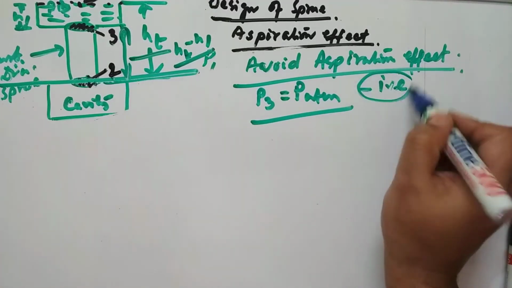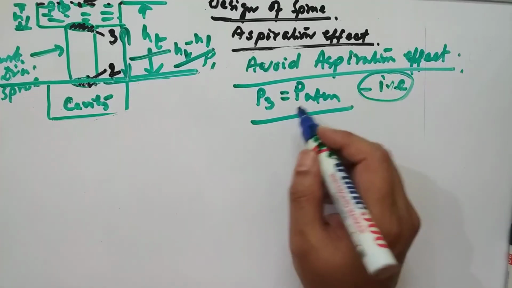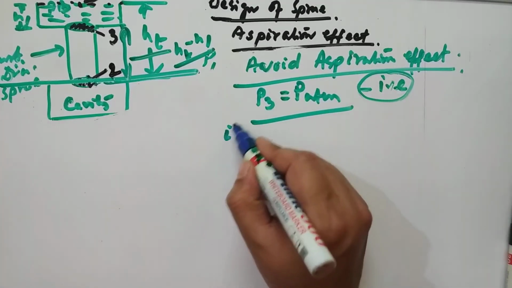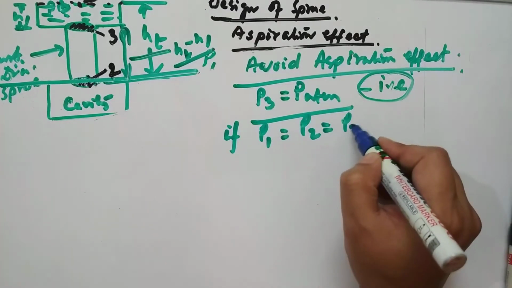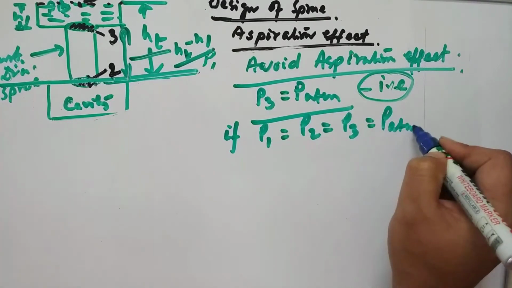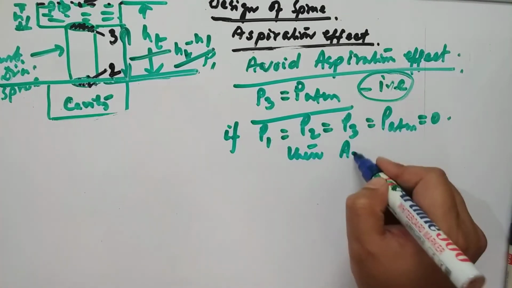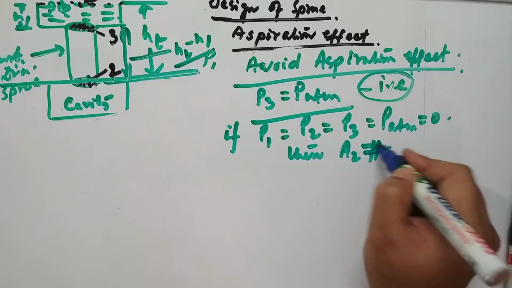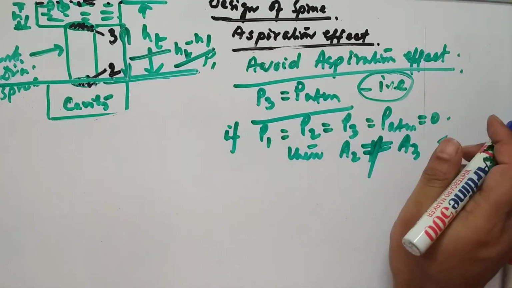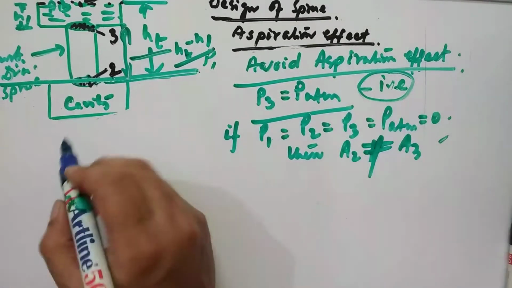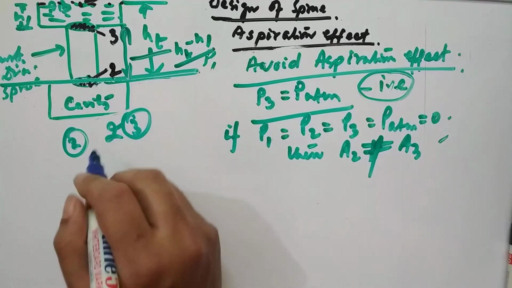Now let us consider, to avoid aspiration effect, P3 is equal to atmospheric pressure. So if P1 equal to P2 equal to P3 equal to P atmospheric, you can write it as equal to 0. Then we have A2 should not be equal to A3. Now if you apply Bernoulli's equation at 2 and 3, what will happen?